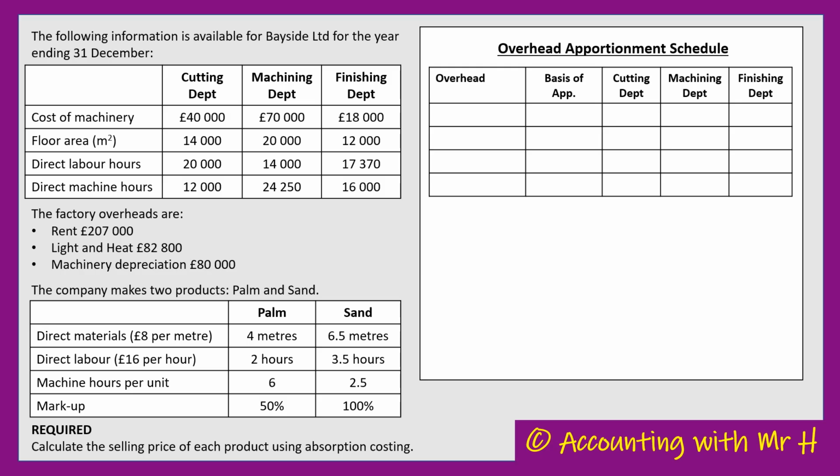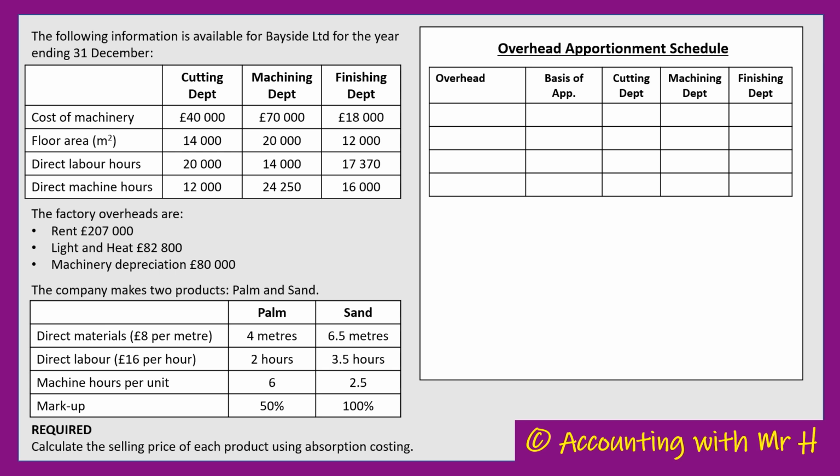Here we go then. So quite a lot going on in this question. Let's have a bit of a look through the information. The following information is available for Bayside Limited for the year ending 31st December. In the first table, I can see they've got three production departments, a cutting department, a machining department, and a finishing department.